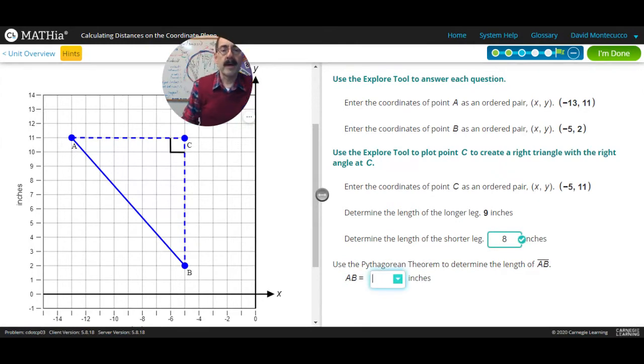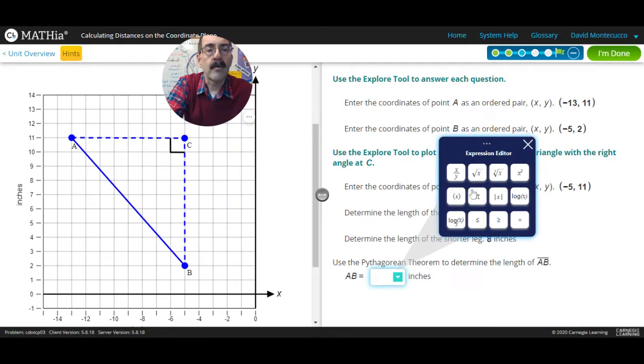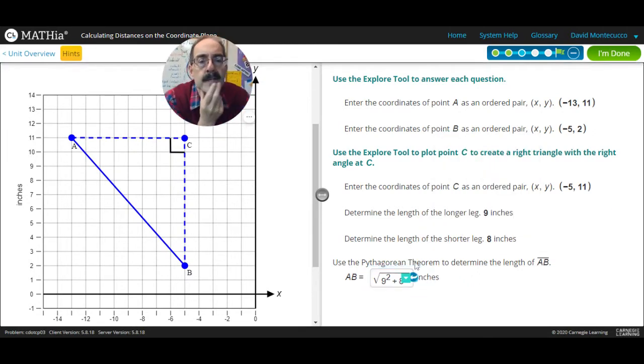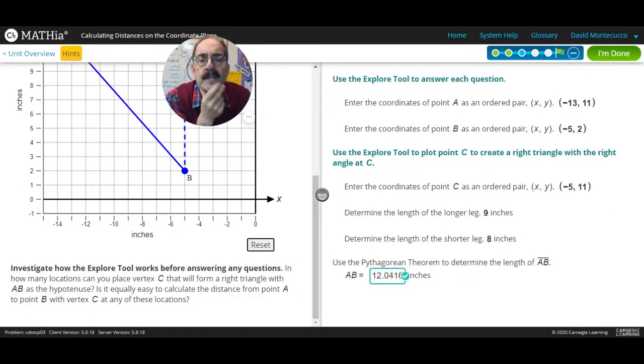And now using the Pythagorean theorem, just type that in. Got to click our little arrow to get our radical sign. Once you have the radical, we're going to go 9 shift squared plus 8 shift squared. Enter. Does the math for us. Perfect. Okay, go to the next one.